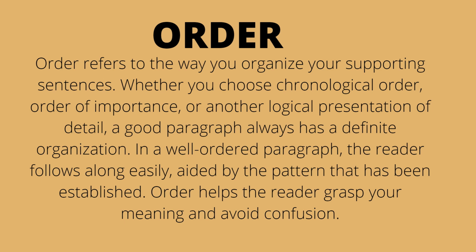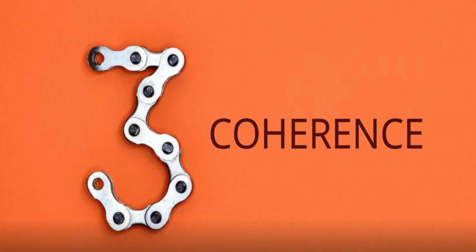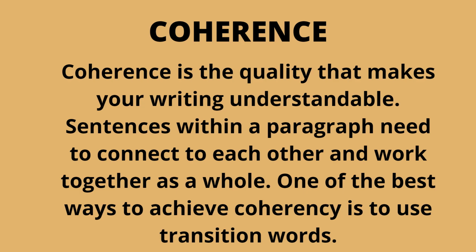Now let's take up the third element, that is coherence. Well, paragraph में coherence ऐसी quality है जो आपकी writing को understandable या comprehensible बनाती है, यानी उसे easily समझा जा सकता है. So what should we do to bring the coherence in your paragraph? Sentences within a paragraph need to connect to each other and work together as a whole. एक paragraph के सभी sentences आपस में connected होने चाहिए.